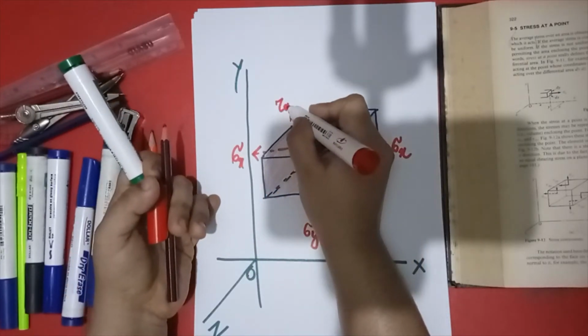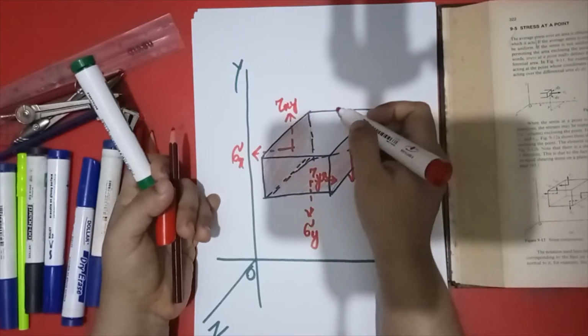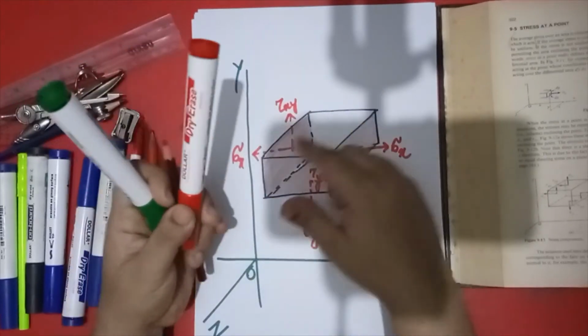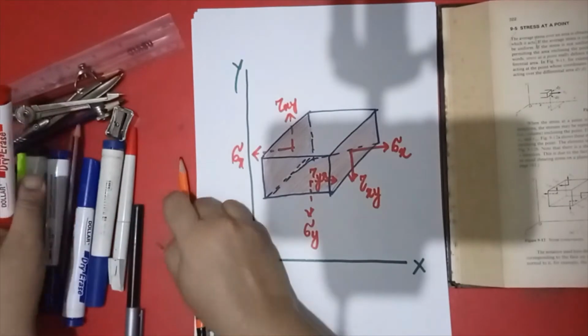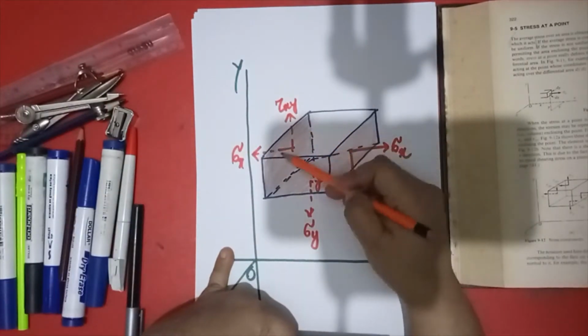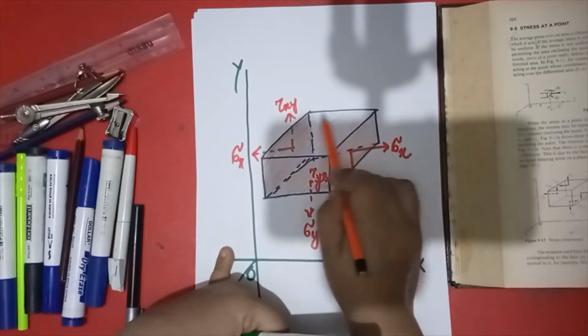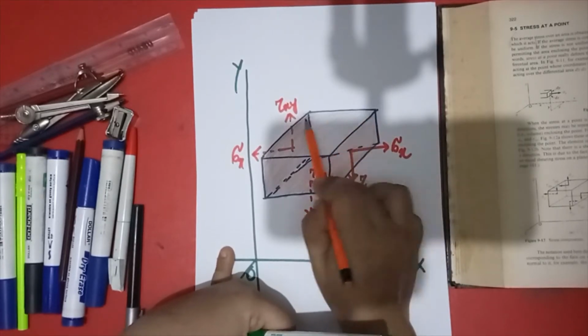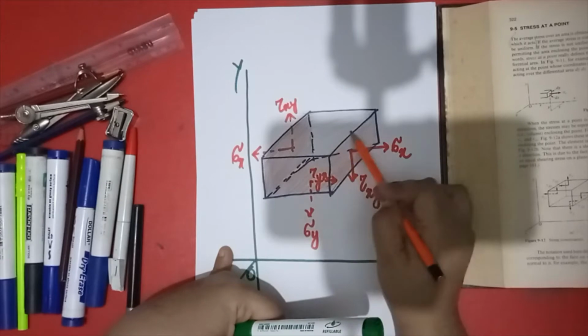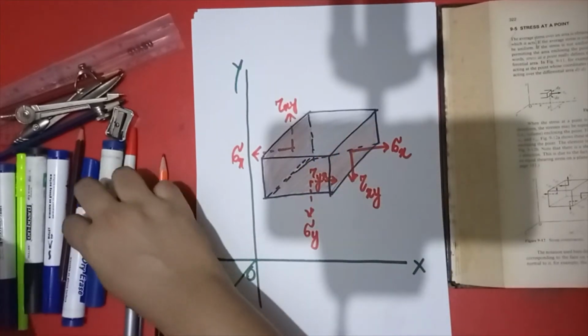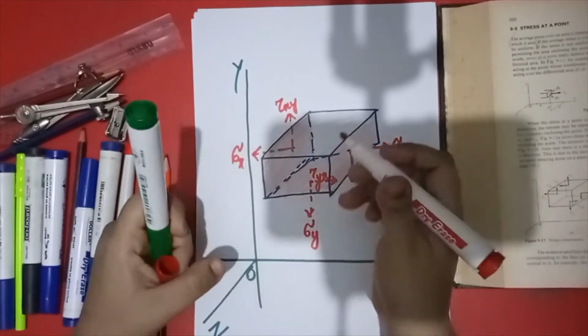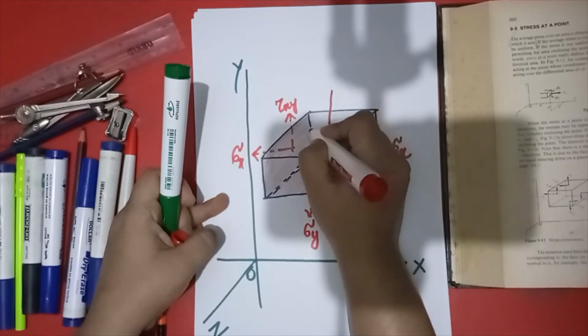This will be tau xy, and here on the top plane, I am shading it with the pencil. Now I am going to make it like this.